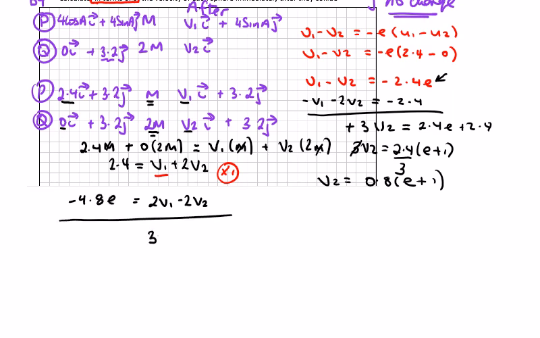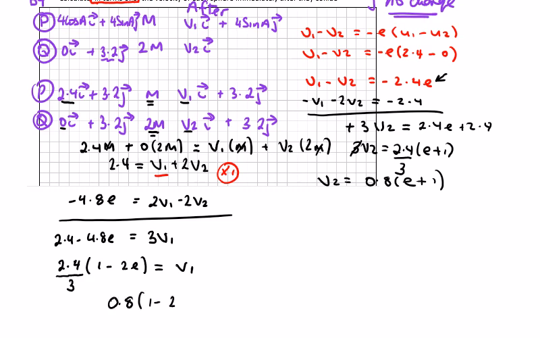Combining these two lines, I'll get 3v1 equals 2.4 minus 4.8e. Looks like I can factor out 2.4 again. 1 minus 2e equals 3v1, so I'll just leave it as v1 and divide by 3. We get 0.8 on the outside again. 1 minus 2e will be equal to v1.